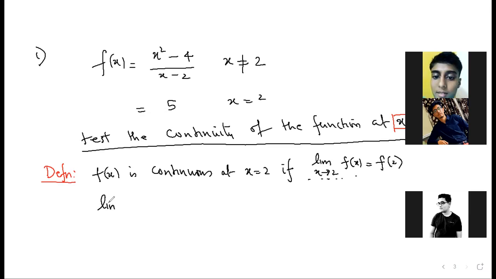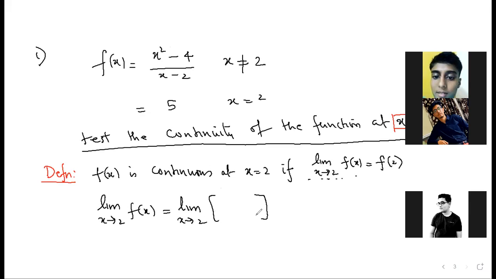That is the value of limit x extending to 2, f of x, equal to limit x extending to 2. What should I replace instead of f of x? We have two formulas for f of x. When x is not equal to 2, we have this formula. When x equal to 2, we have this value.